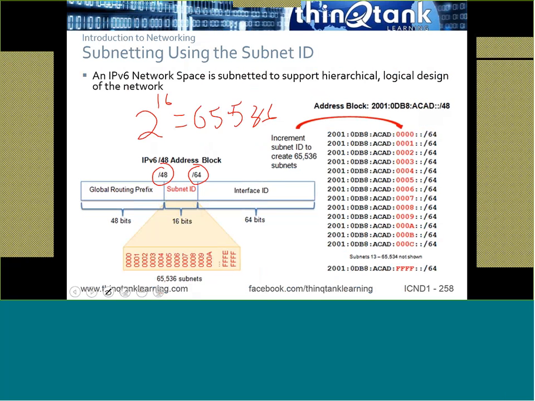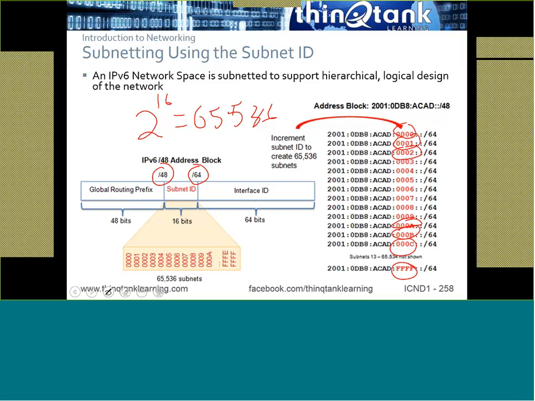That's what that means. 2 to the n, the number of borrowed ones. And then you simply say, okay, there's network 0, there's network 1, there's network 2, there's network 10, there's network 11, there's network 12, all the way up to network 65,536.